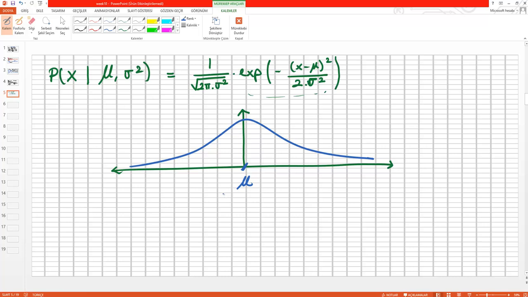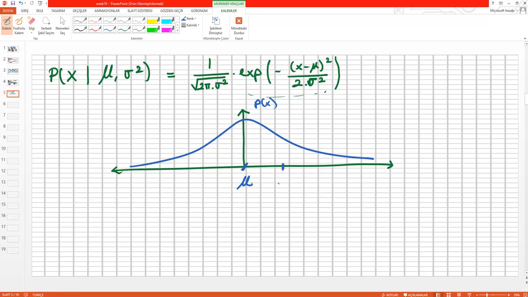This function is built by Gauss: the Gaussian distribution, the normal distribution. It must be built with the mu values and the standard deviation or variance values. So this probabilistic rate must be high at the mu value.